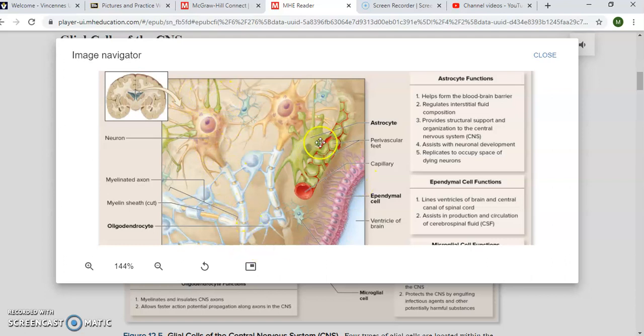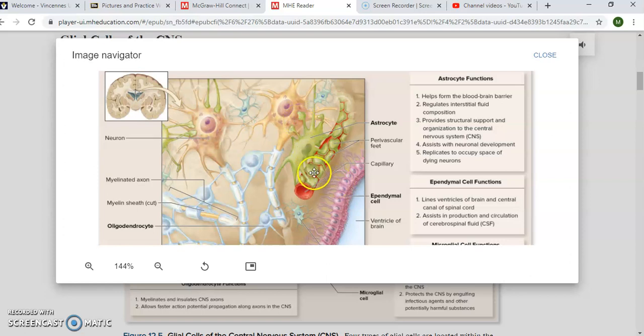You'll see this astrocyte is wrapping its little feet around this blood vessel, and also the little feet are going over and grabbing hold of the neuron too. So one of the astrocyte's functions is to provide support and organization to the nervous tissue. It's keeping neurons next to the blood supply, because they're going to need nutrients from this blood here. So it's keeping them in the proper position.